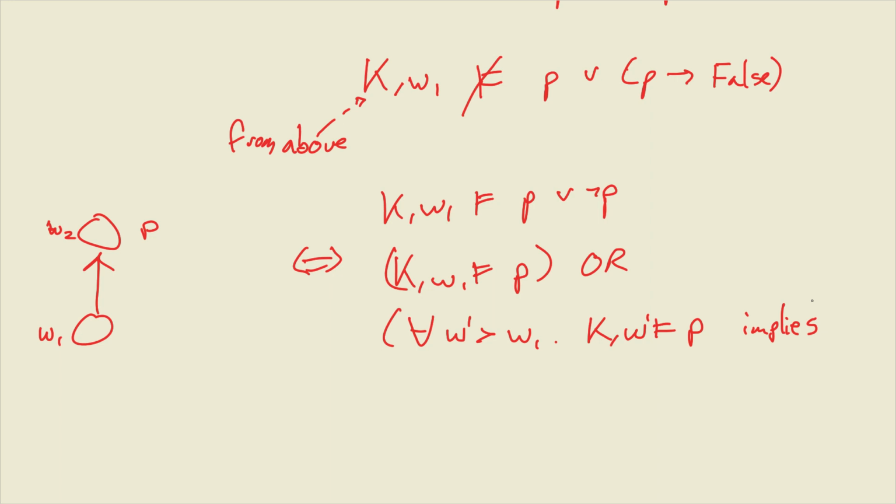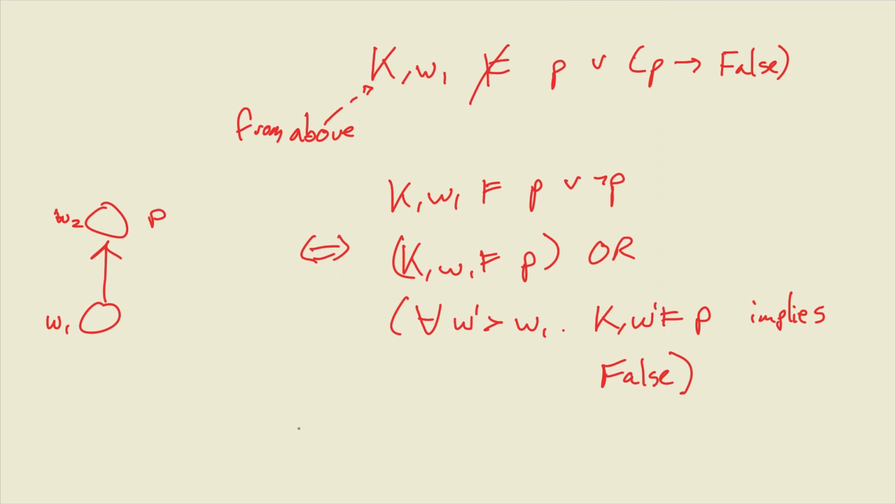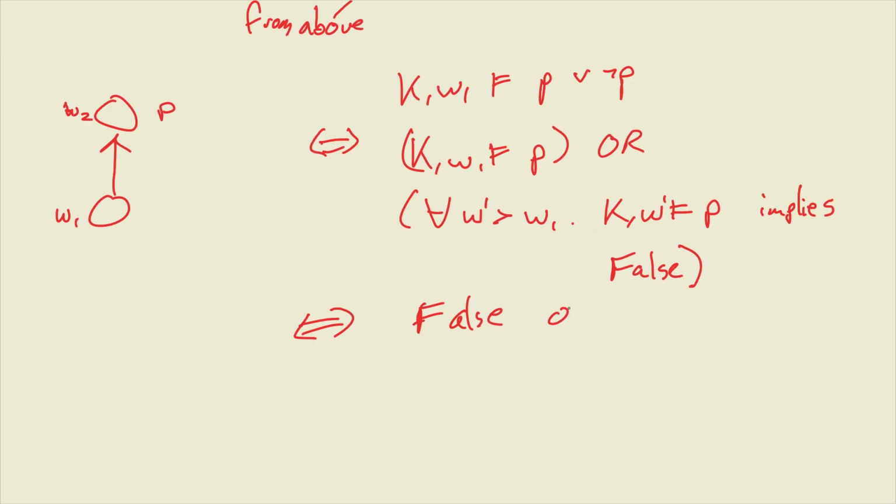Okay, so it needs to imply false, because the false formula is always false. So in other words, it has to not be the case that P is true. If you look through this, the first thing is false, so that's not going to contribute anything. Or we need to know that in world W1, P is false.